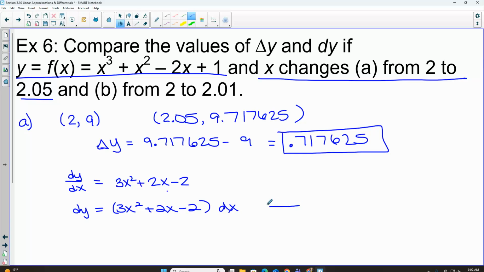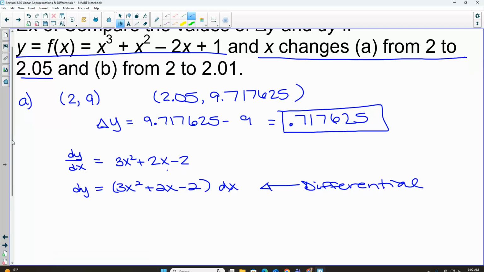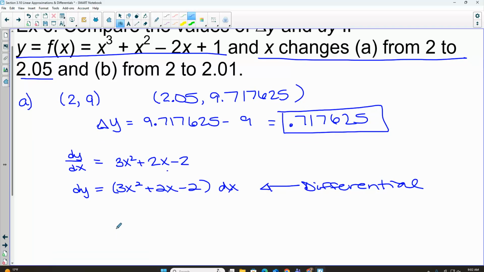This is the differential. It's how we could approximate our change in y. Our x value, when you're doing it this way, it's our starting point. So my x was 2.